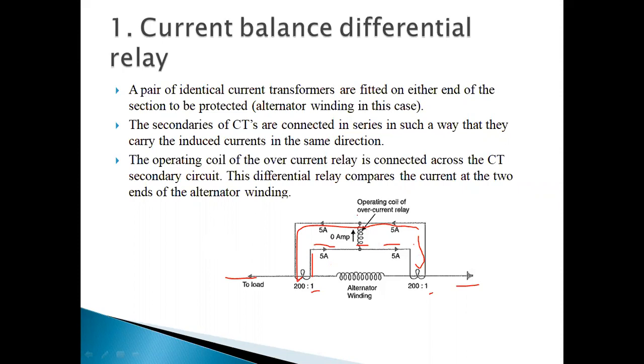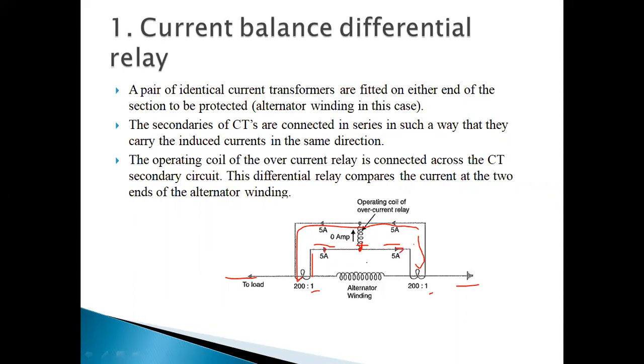Now across these two, one operating coil is connected. Here we get a node, here we get a node. Here the incoming current, this 5 ampere, is the incoming current, and here again 5 ampere is your outgoing current, right?